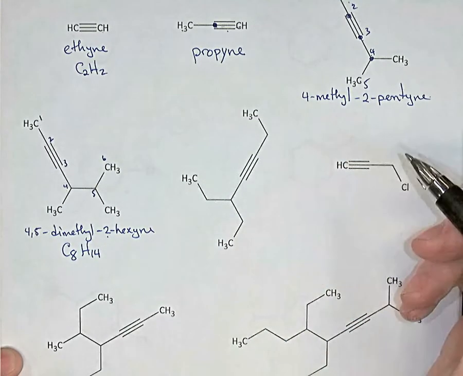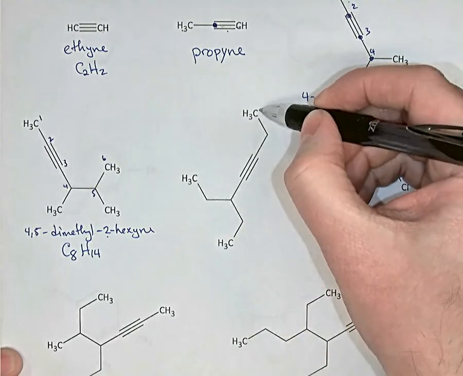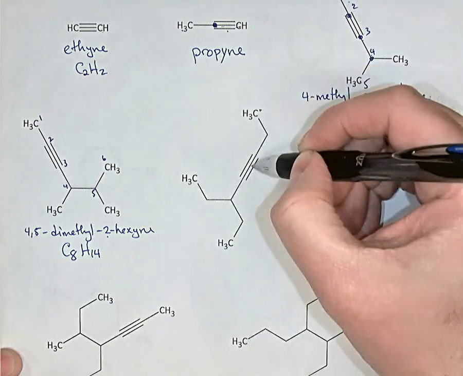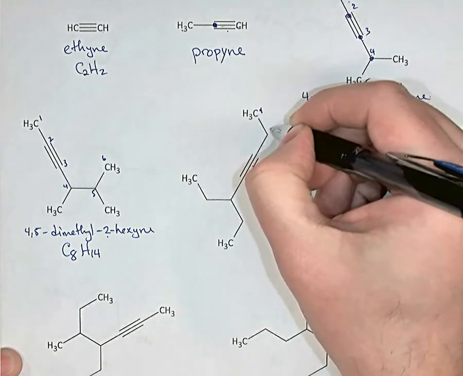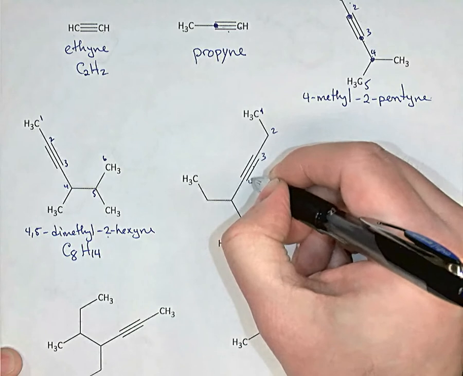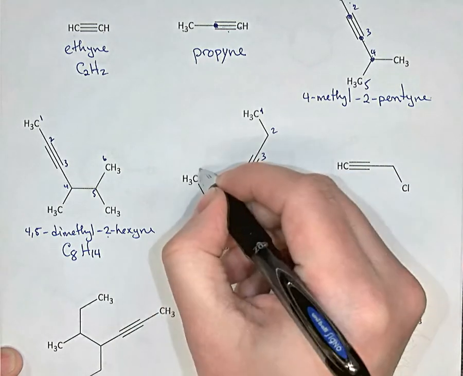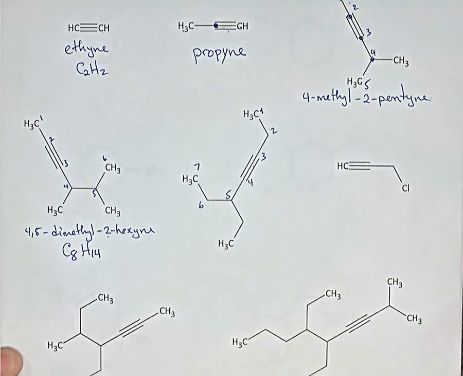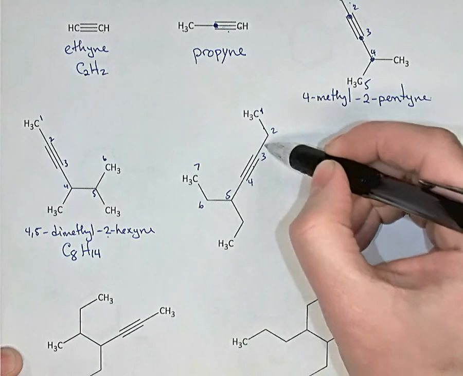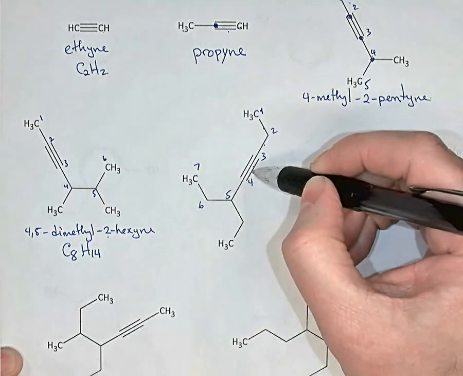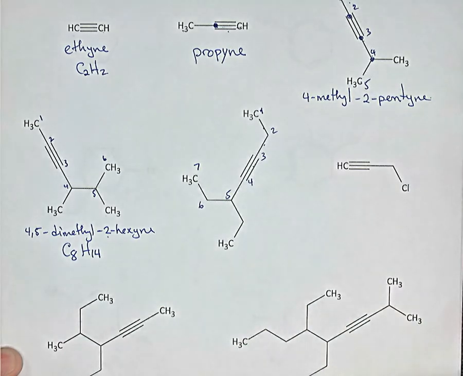This next guy, we'll start numbering from this end up at the top, closest to the triple bond. So carbon 1, carbon 2, carbon 3, carbon 4, carbon 5, and now it doesn't matter, I'll call this carbon 6 and 7. So that is a heptyne. And it's the third bond, which is the triple bond, so it's a 3-heptyne.